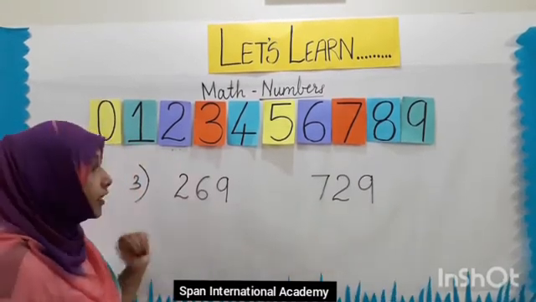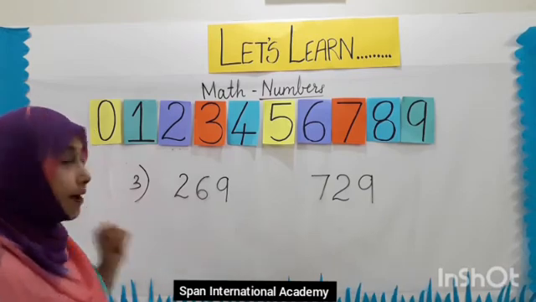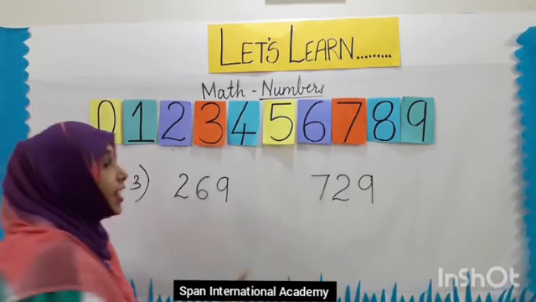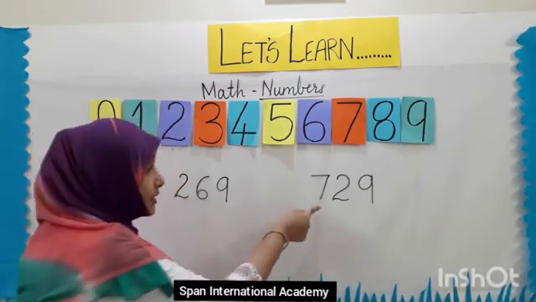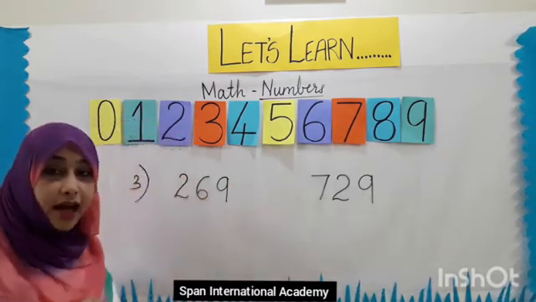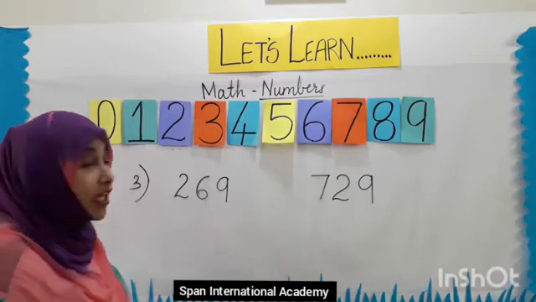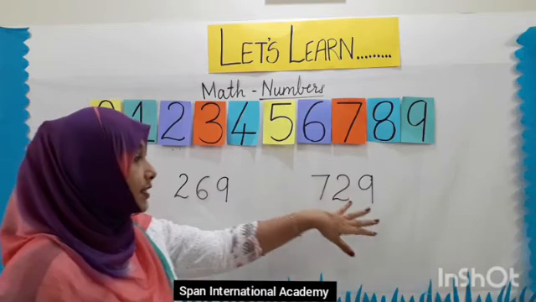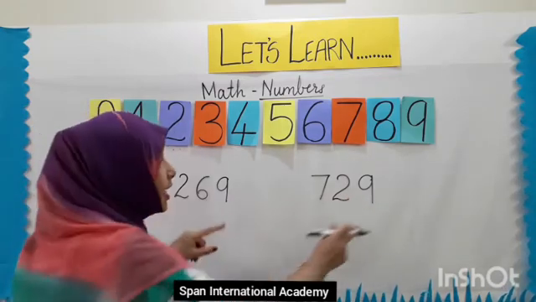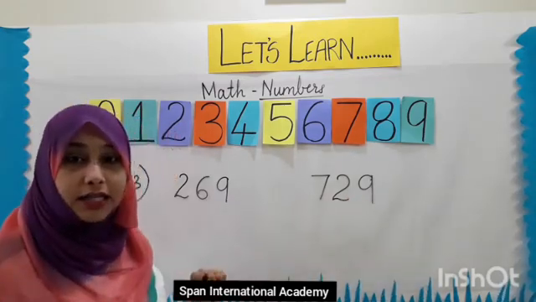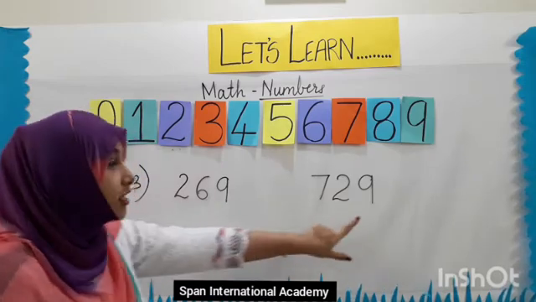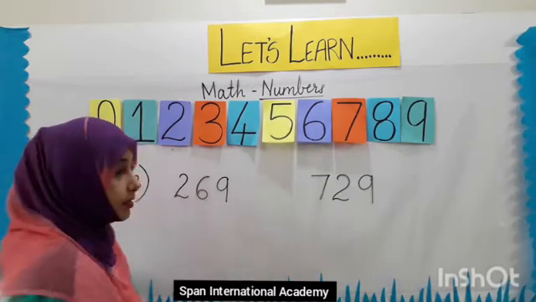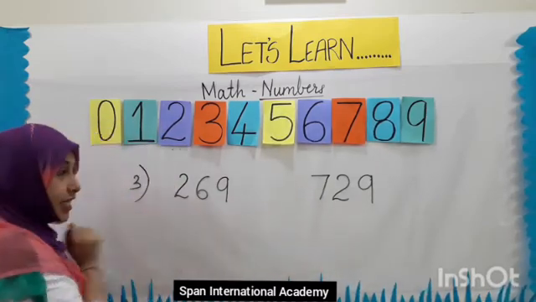Quickly, we'll go to our third example. What is the number? 269. And the second number is 729. How will we compare this? Yes, we start from the units place. 9 and 9 are the same. The units place is the same. Let's come to our tens place. Number 2 and number 6.